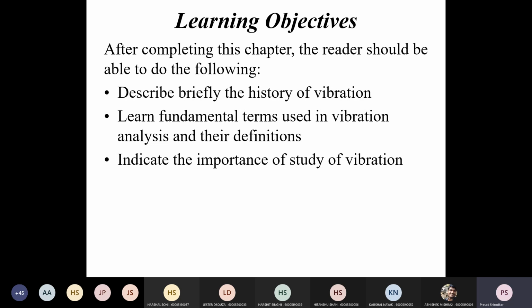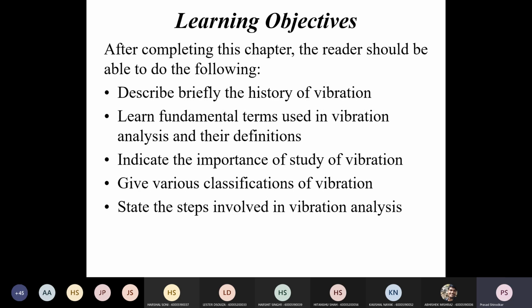You will be able to classify vibration, and learn the steps involved in vibration analysis. At the end of this first chapter, or first module, you will also be able to compute some constants such as spring constants, masses, and the basic elements of any vibrating system.